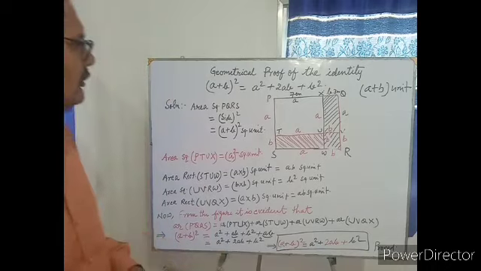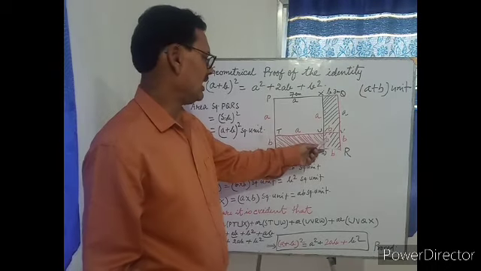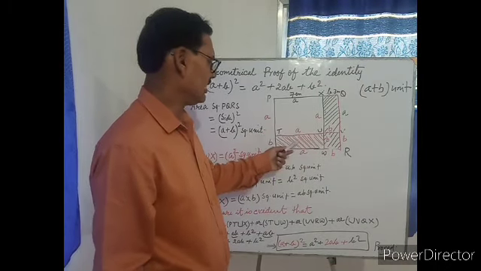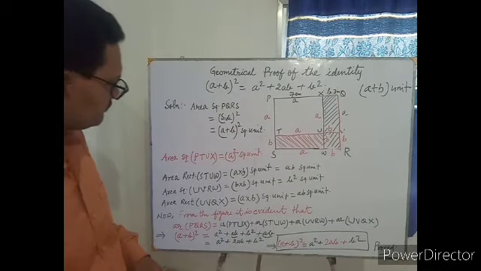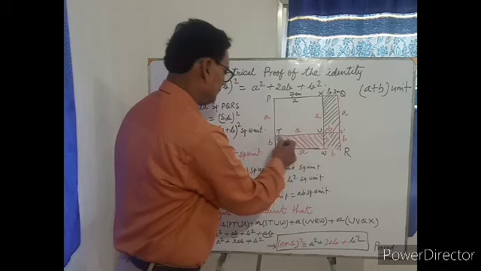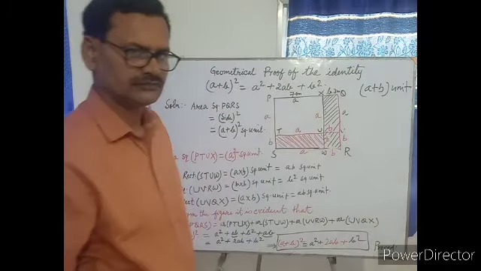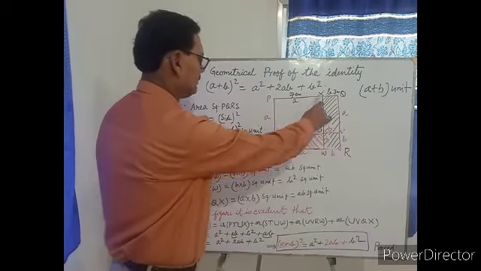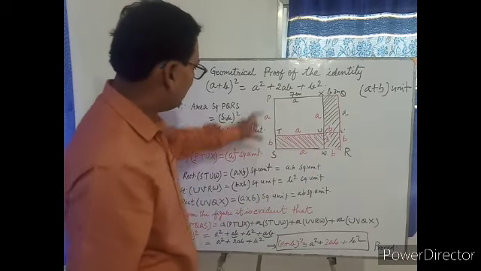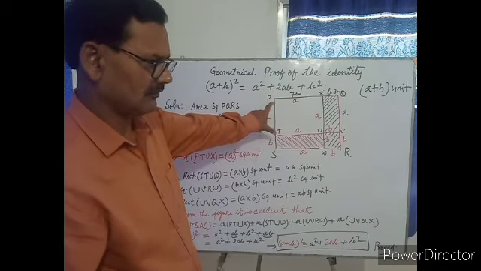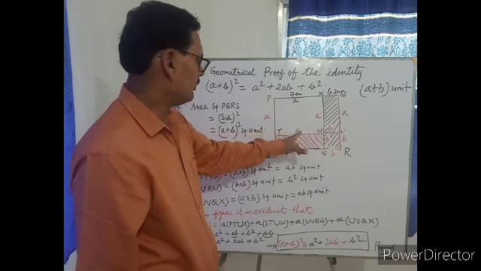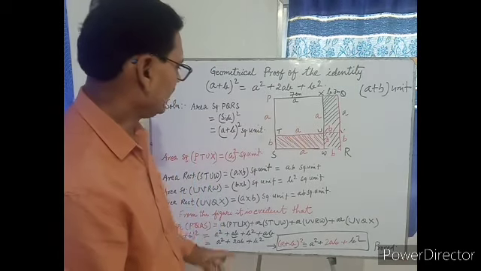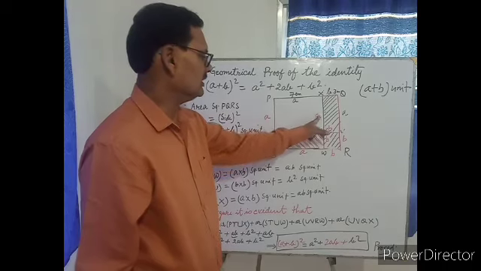Now you may get confused. How, sir, is it a square, a square, a rectangle, and a rectangle? You may see that this line is parallel to this line, and this is a unit, so this side will be equal to this side, and this side will be equal to this side.